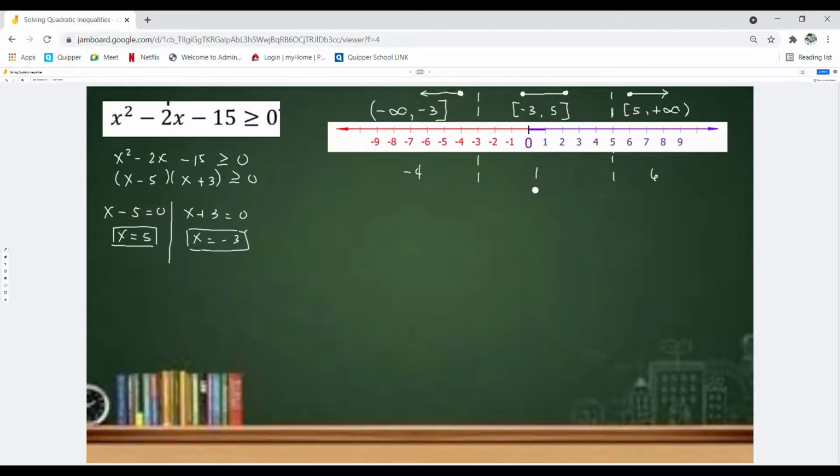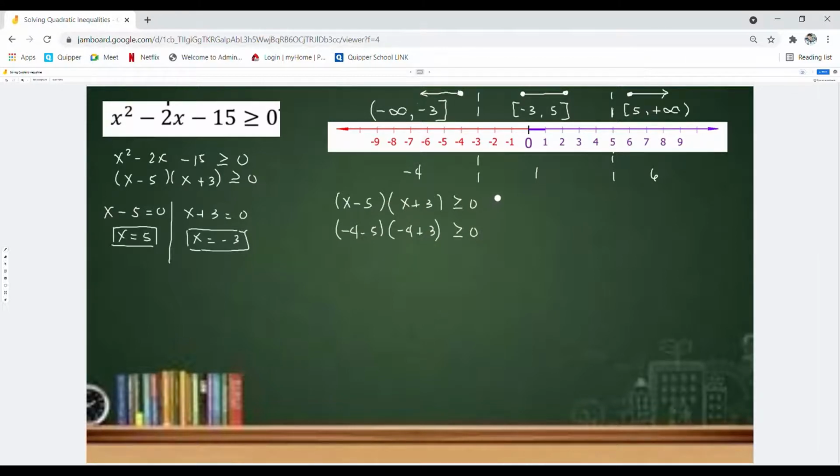So you're now going to test it using the factored form. You can do testing using the original inequality, the quadratic inequality given, but I'm going to use the factored form so that it will be easier. I'm going to substitute -4. So negative 4 minus 5, negative 4 plus 3 greater than or equal to 0.